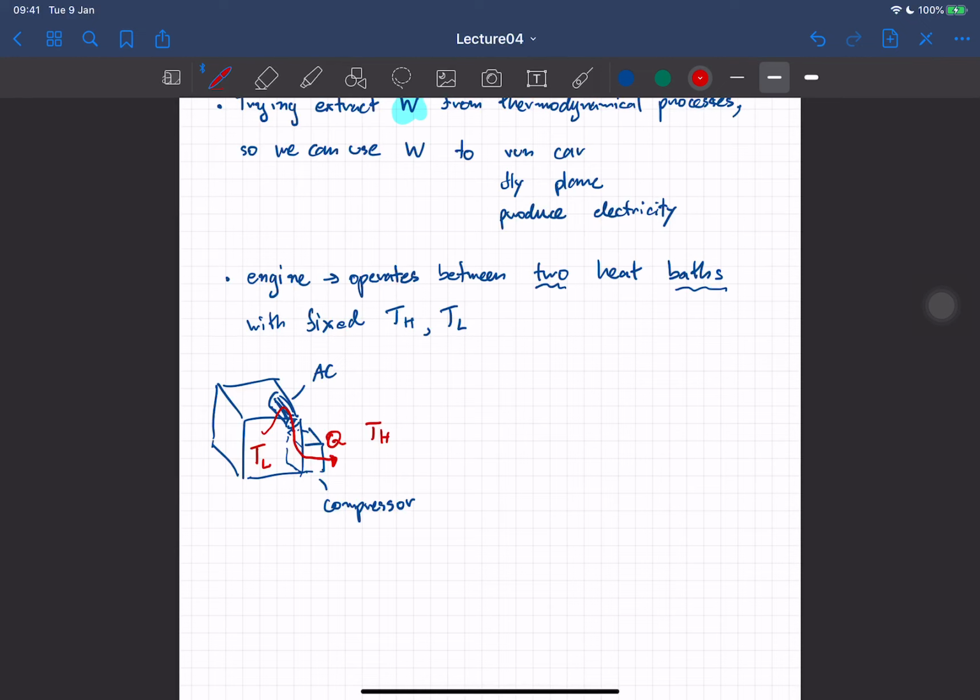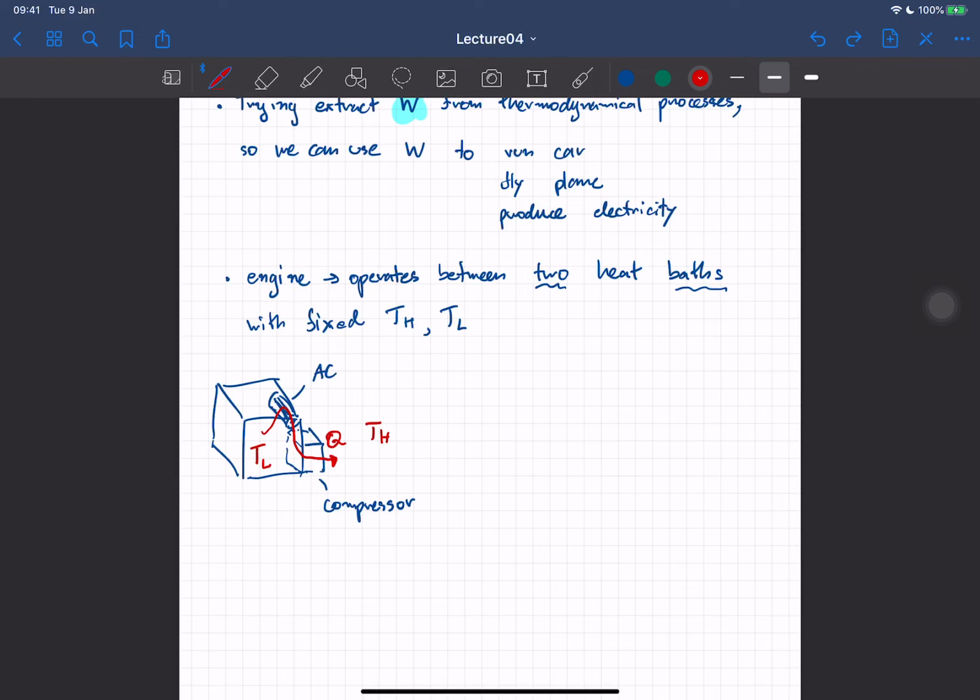So those two temperatures are what we call heat baths, because you can just dump any amount of heat into outside or inside, and we assume that the temperature outside will not change. So that's what we mean by heat bath. A heat bath is just a heat reservoir. It's just something which is so big that you can take any amount of heat that you want, and the temperature of that thing will not change.